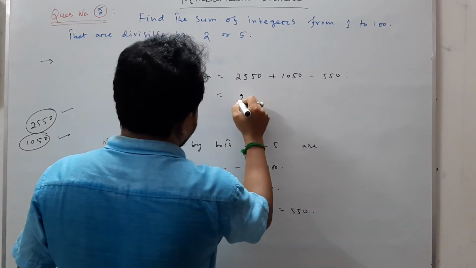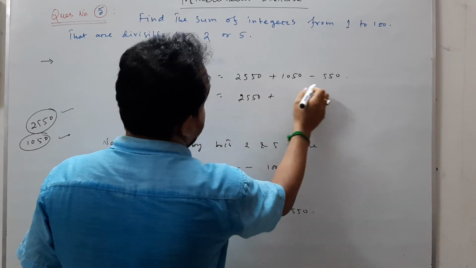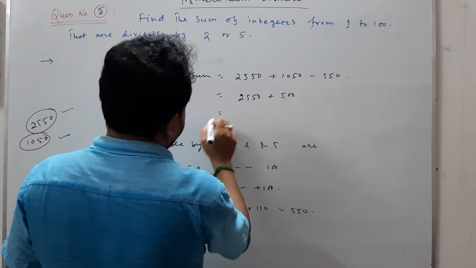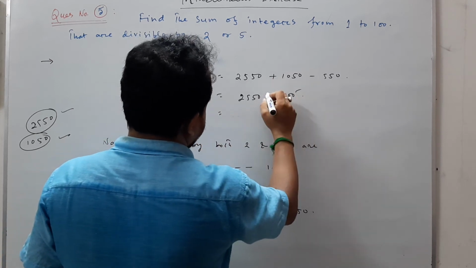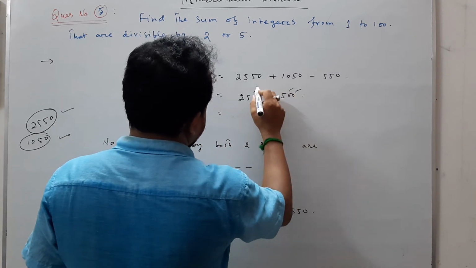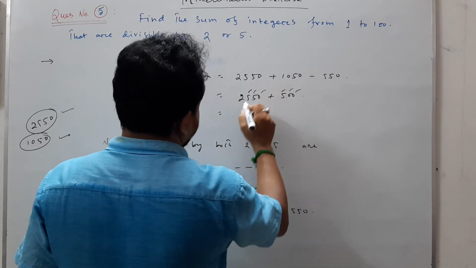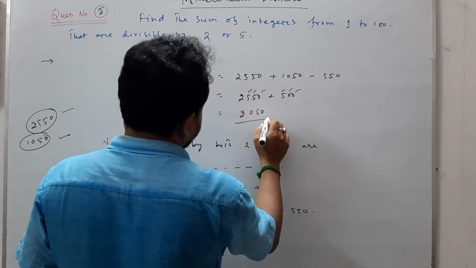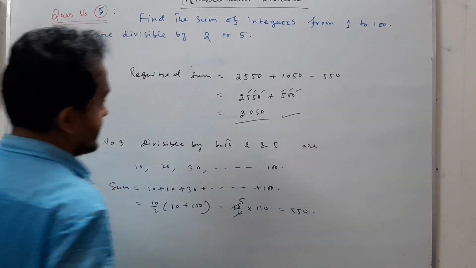So we have 2550 plus 1050, that is 3600, and subtracting 550 we finally get 3050. So this is the number.